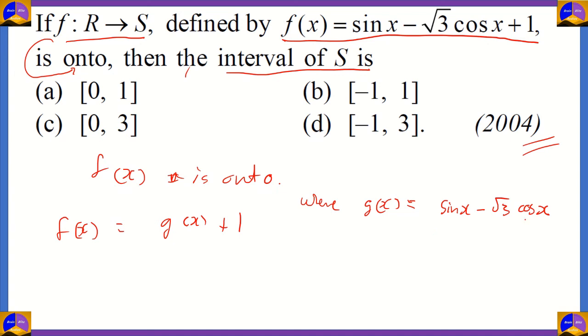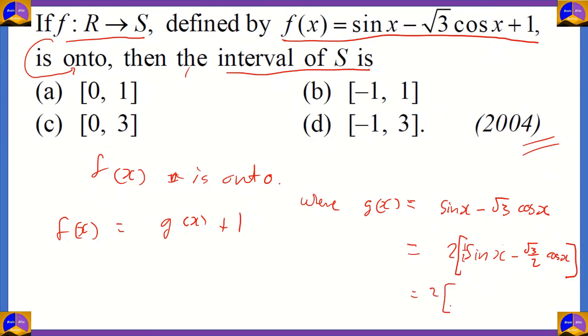So sine x minus root 3 cos x can be written down as 2 times, and then inside the bracket it's 1 by 2 times sine x minus root 3 by 2 times cos x.